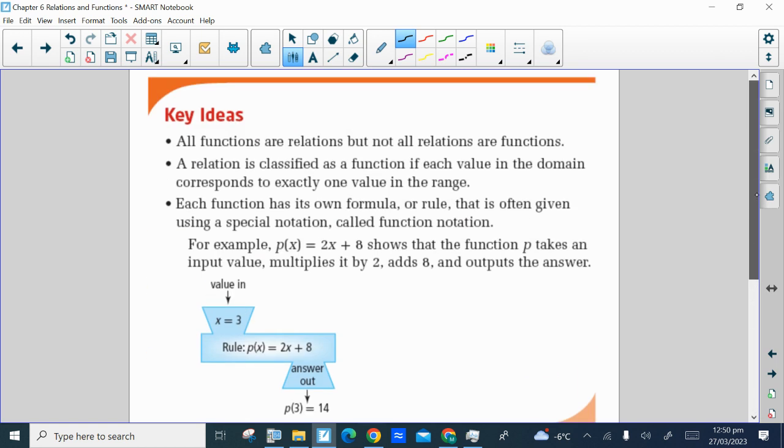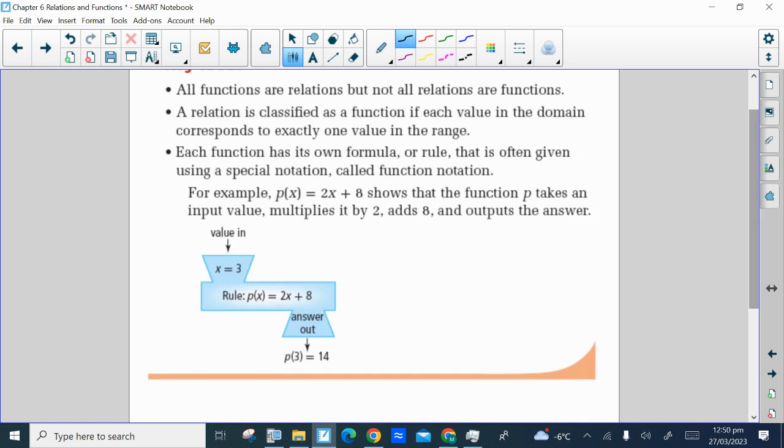Okay, so all functions are relations, but not all relations are functions. Remember, a relation is a function if no 2 points have the same x value. And so if you have a table of values or a set of ordered pairs, you compare all the x values. If they're all different, then it's a function. Remember though, if you have a graph, we use the vertical line test.